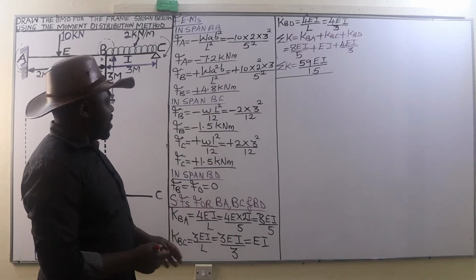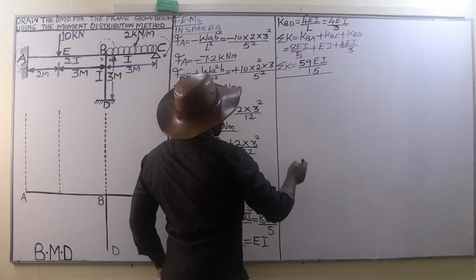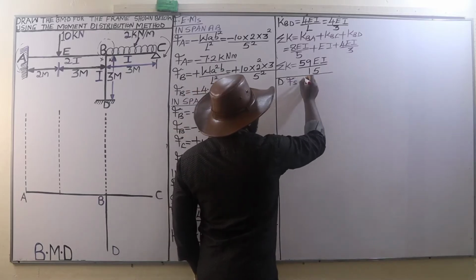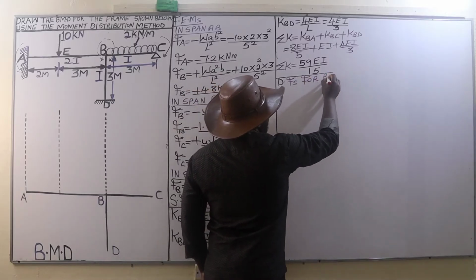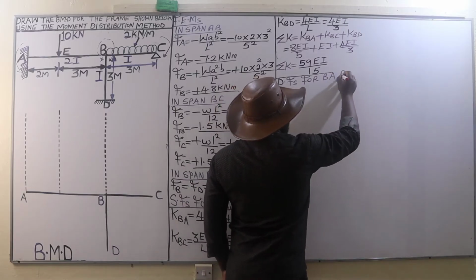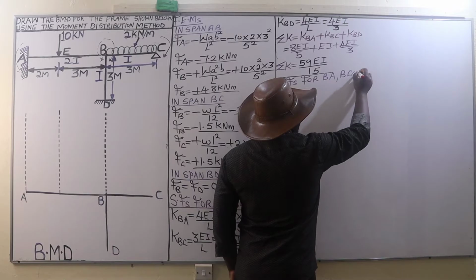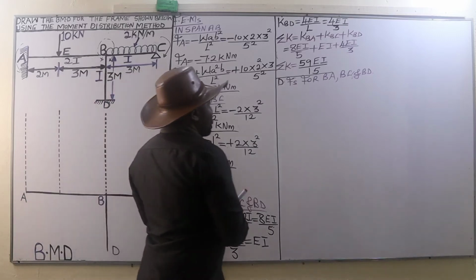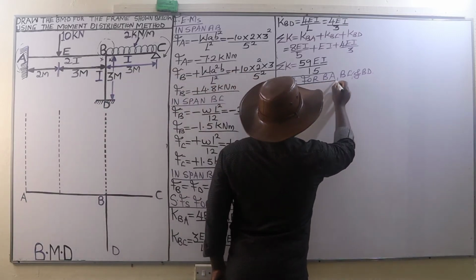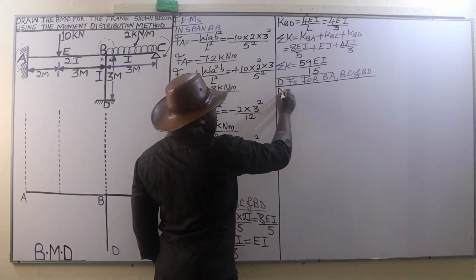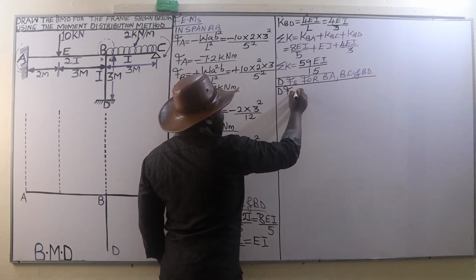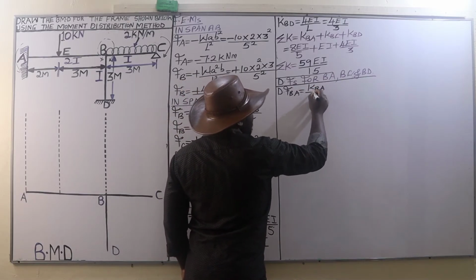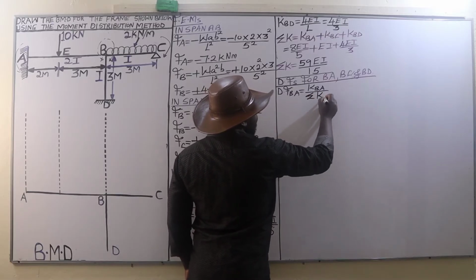Then after calculating the stiffness factors, the third step will be determination of distribution factors. So distribution factors for members BA, BC, as well as BD. Starting with the distribution factor for member BA, it will be given by the stiffness factor for member BA divided by the summation of stiffness factors.